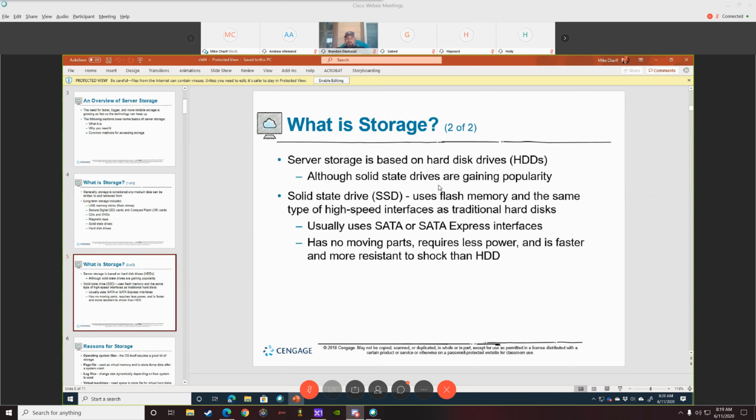Okay, server storage is based on hard disk drives. Also, solid state drives are gaining popularity. It's not just gaining popularity. I don't know when they printed that book, but if you go buy any machine or any server right now, you're not going to have an IDE interface in it. Okay, this is gone long time ago. Especially when you do the server. The server back then, and still used, is basically what we would call a SCSI drive.